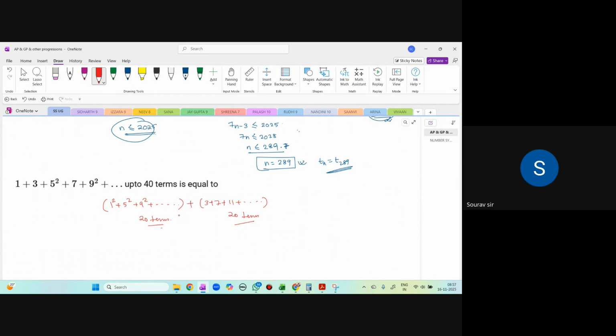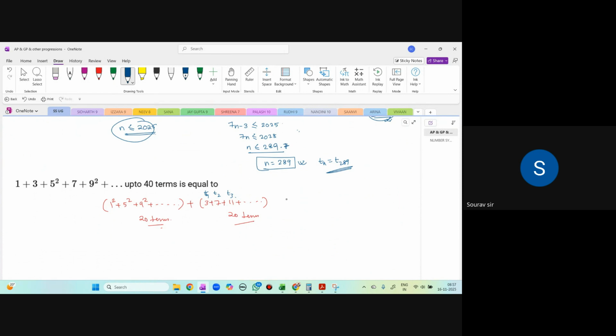So how do I evaluate these two series? If you look at this series, this is my first term, this is my second term, this is my third term. Now this is clearly an AP series, right? So the AP series has the first term as 3, common difference as 4, right?